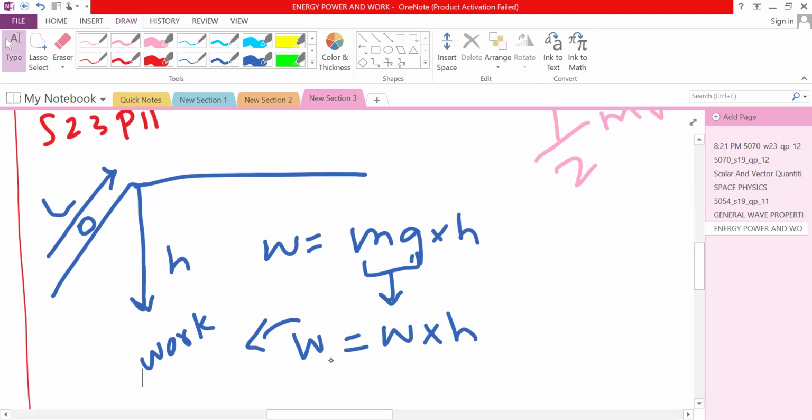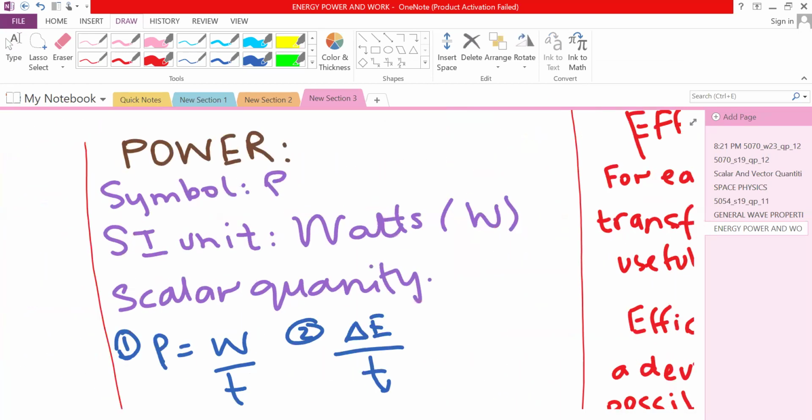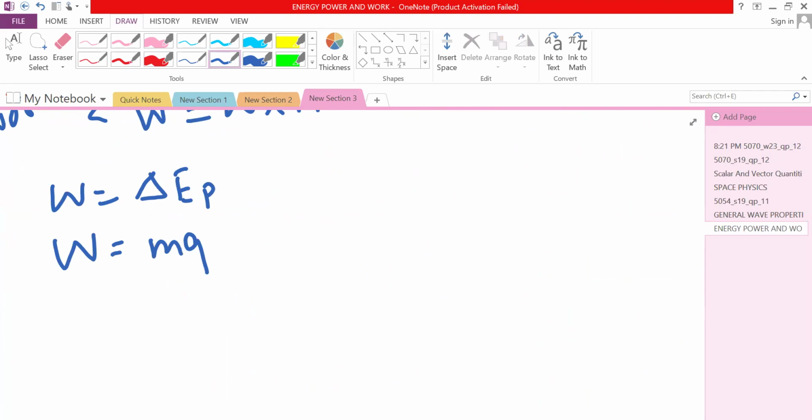So this was another formula of work, formula number 2. Now I'm going to tell you two formulas of work. First is work equals delta energy, and then work equals mg delta h, change in height. You have to use these two formulas when the mass and the height are given and you need to find the work done.